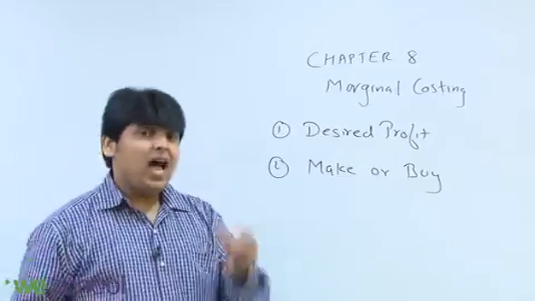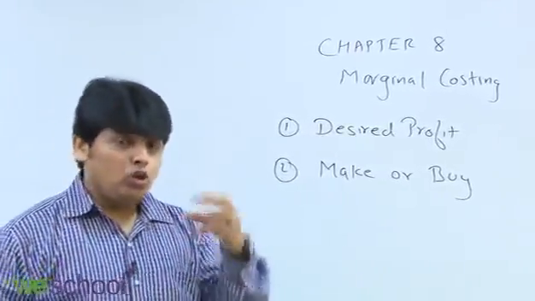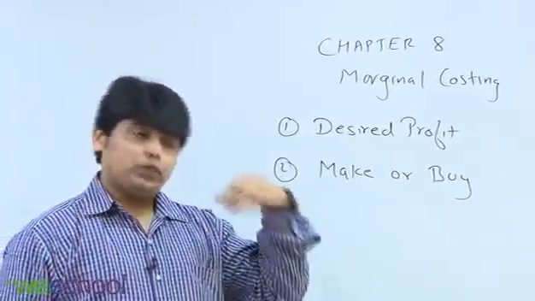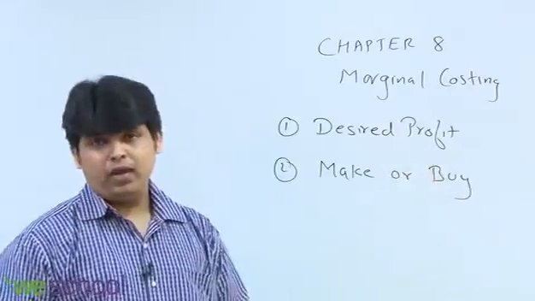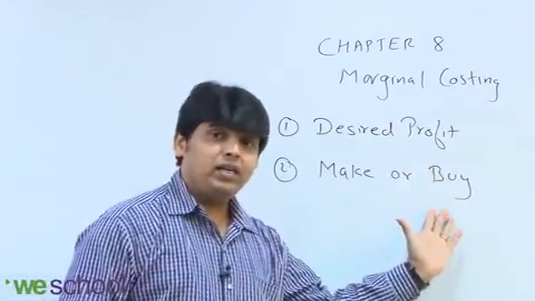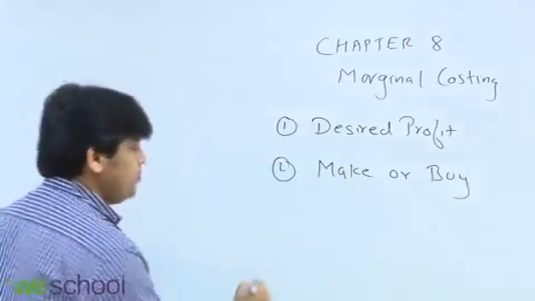So for fans, I require a raw material called ball bearing. You agree with me? So should I buy the ball bearing from the outside market or should I produce the ball bearing in my own company? That decision can be taken with the help of marginal costing techniques.